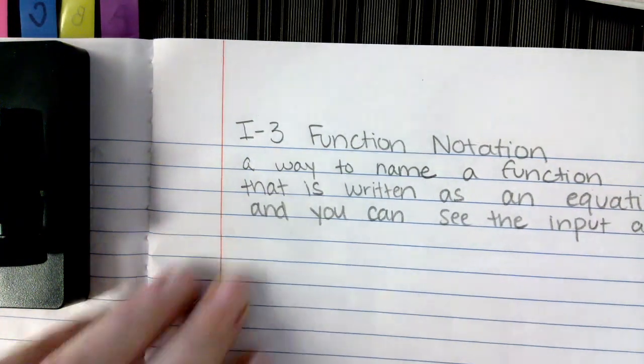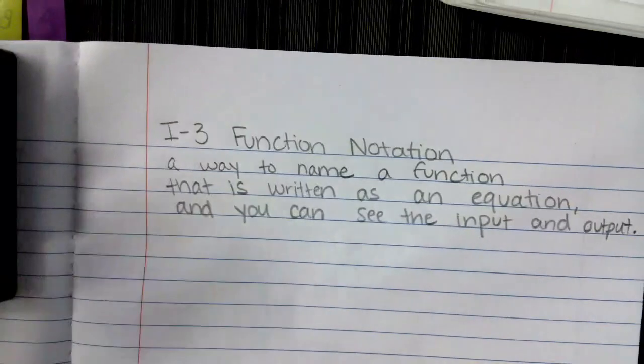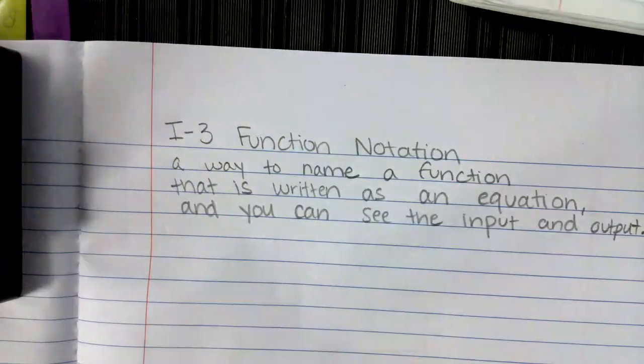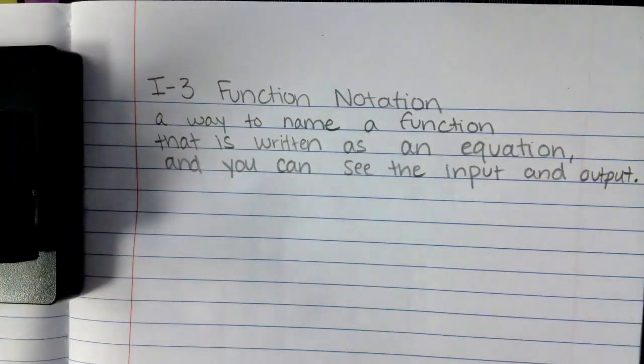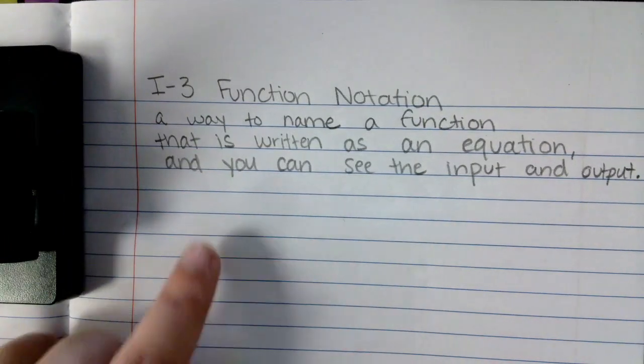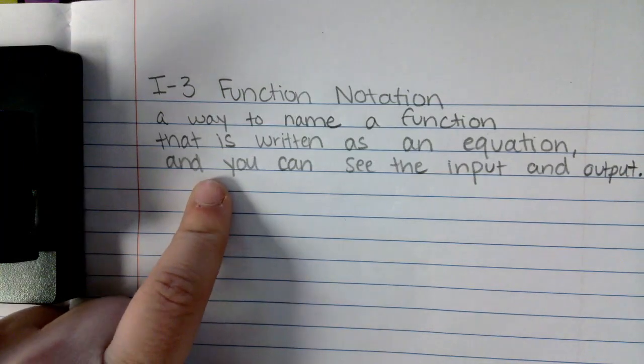Oh, you cannot see any of that. There we go. I'll give you a second to write that. A way to name a function that is written as an equation, and you can see the input and the output.